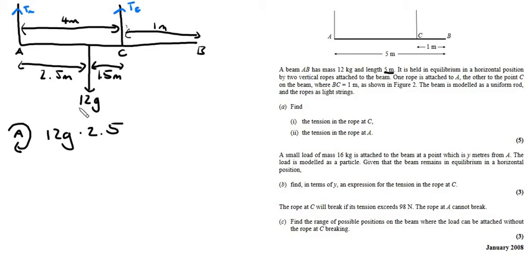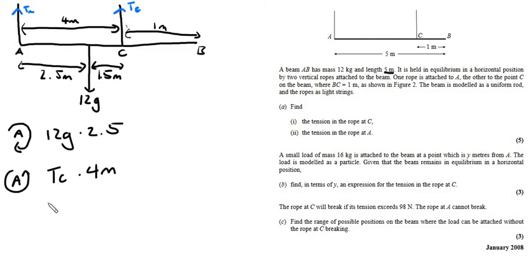And in the anti-clockwise direction, we have the tension in C times 4 meters. And we know that it's in equilibrium, in other words, it's not moving. So that means that these two must be equal to each other. So we can set them equal to each other.